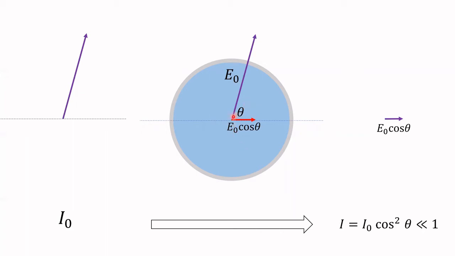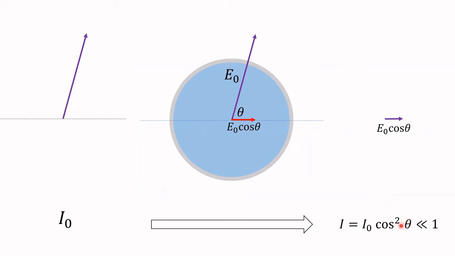But you can see that the component of this incident electric field which is parallel to the axis of the filter is considerably less than the perpendicular component. So most of that light intensity is lost. This is the outgoing field. You square that to get the outgoing intensity. And I naught, of course, would just be the square of E naught, the initial amplitude.